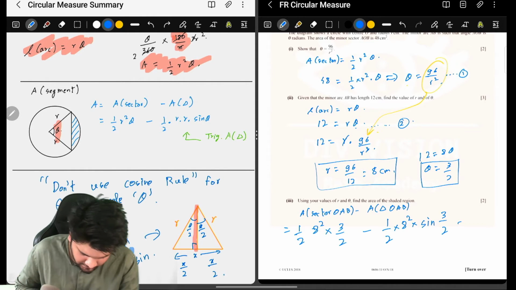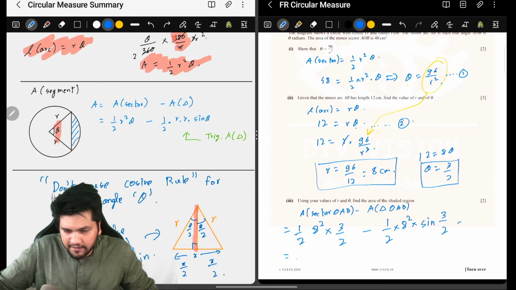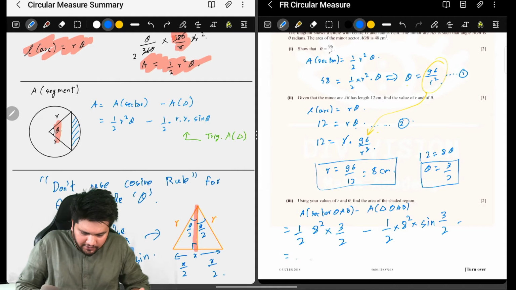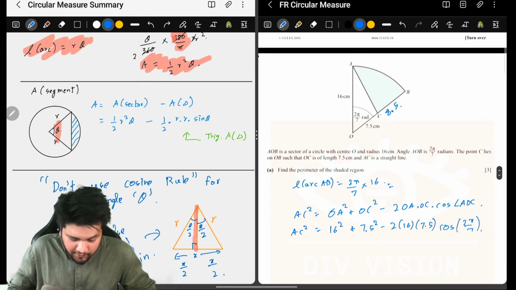That's it. Finally, whatever the answer you will get, obviously you can use a calculator and get the answer. So, of course, after using the calculator, you will get 40.02 centimeter square. That's it. And this is another type of question they may ask you.